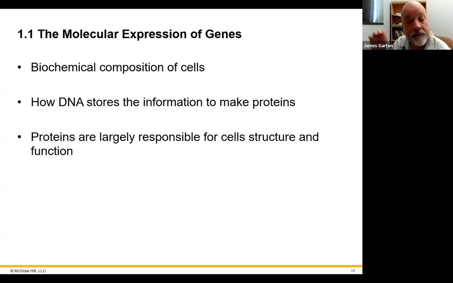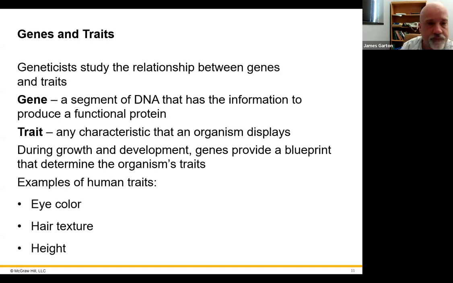All of the combination of proteins in a cell determine what that cell is going to look like and what type of cell that's going to be. Geneticists, to some extent, are going to study the relationship between genes and traits, so between genetic information and physical appearance or behavior.